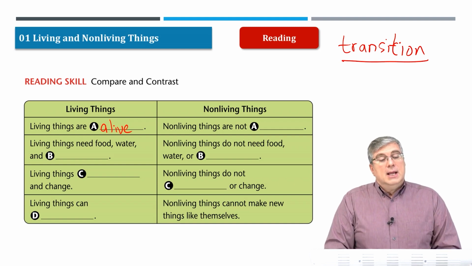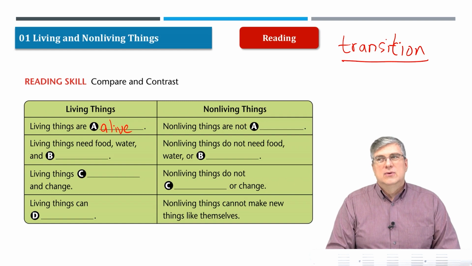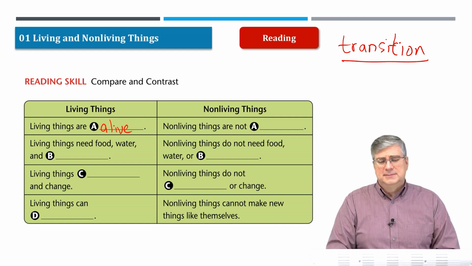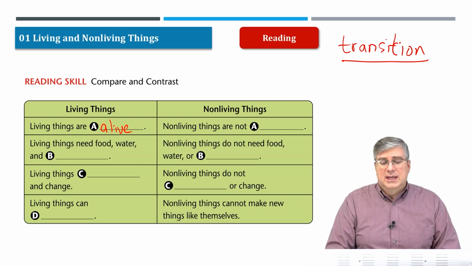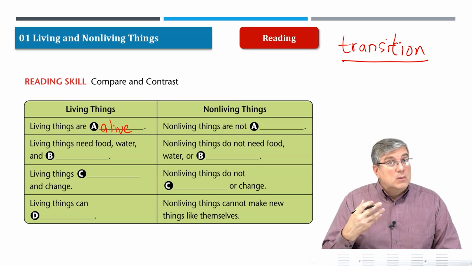Okay, good. Living things need food, water, and what else do they need? Well, we talked about food, we talked about water. In the vocabulary section, we talked about something that living things need, and to get it, we have to breathe. What are we getting when we breathe?